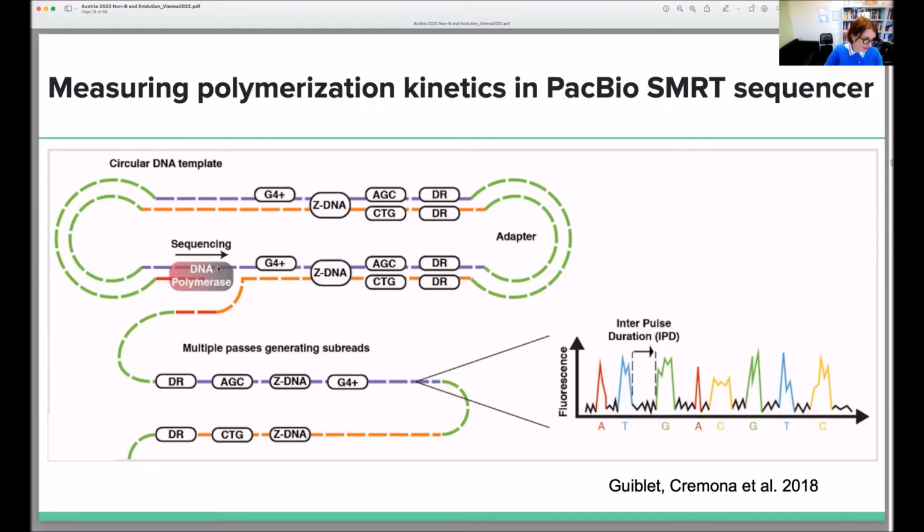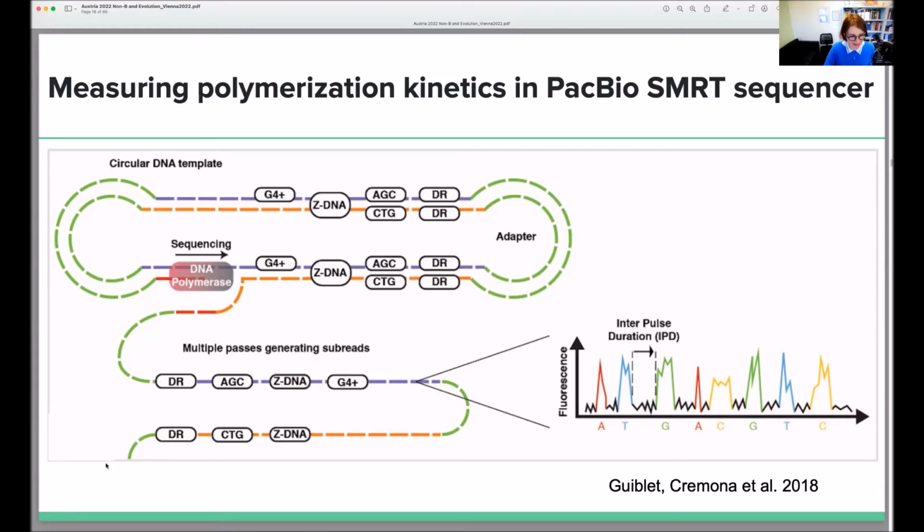Then what happens is that the DNA polymerase during PacBio sequencing goes around this template and sequences both strands. It incorporates nucleotides based on this double-stranded template and goes through this multiple times, generating almost like a serpentine, right?